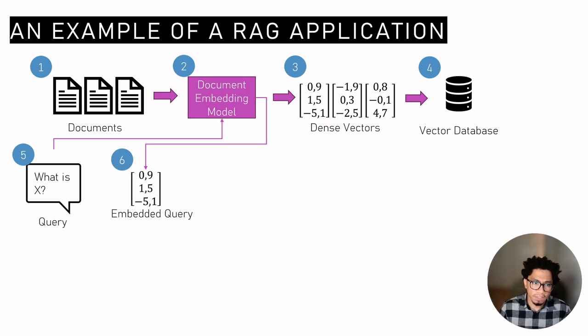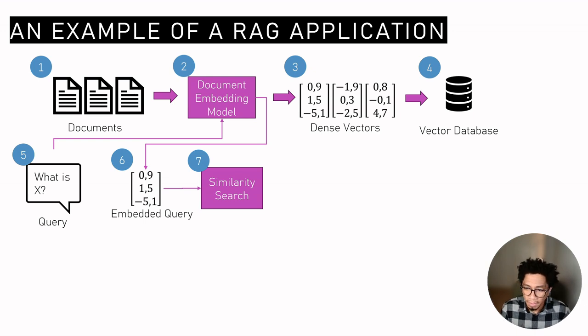So the first thing to do is pass that through the document embedding model, so that it embeds that query into a vector. So you have a numerical representation of that query, and that query will then go through a similarity search, or semantic search, right?